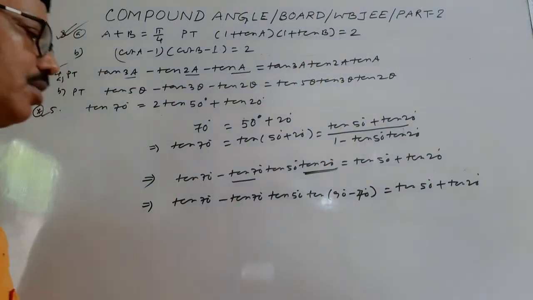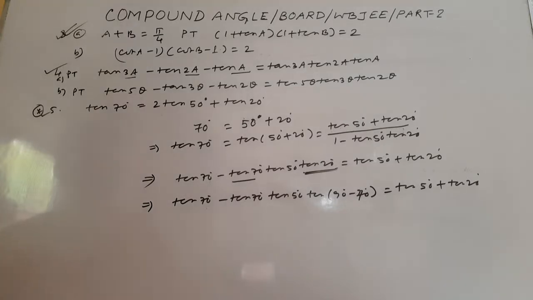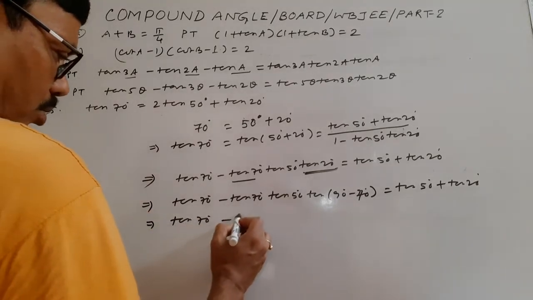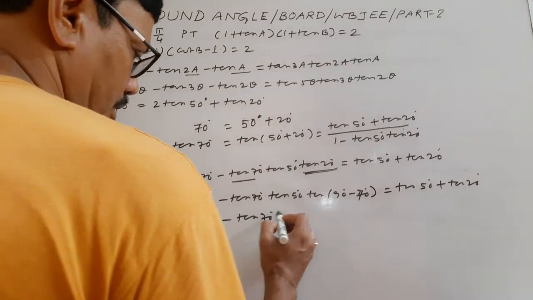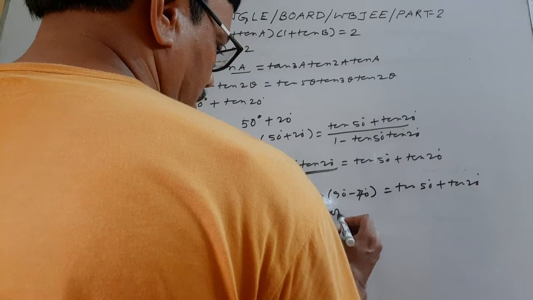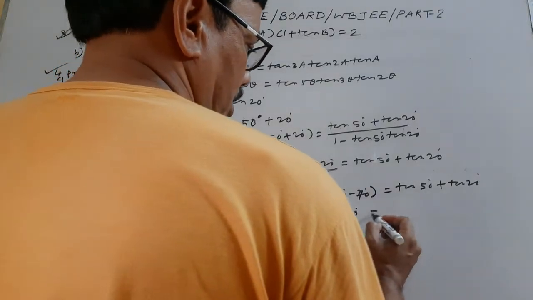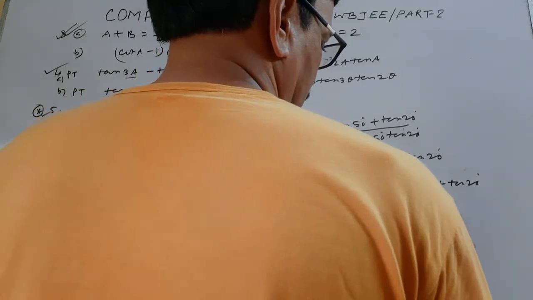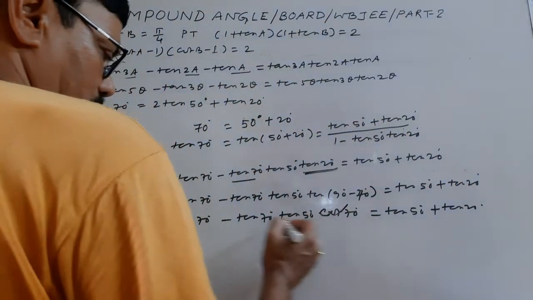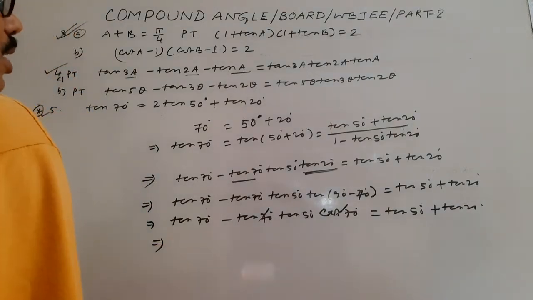Look at the step: 20 can be written as 90 minus 70. So finally what you are getting, tan 20, tan 70, tan 50. This is cot 70, tan 90 minus theta, so cot 70, tan 50 into tan 20. So cot 70 and tan 70 cancel out. So finally what you are getting.